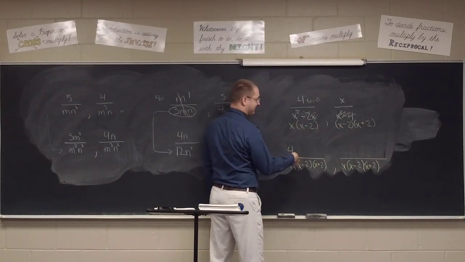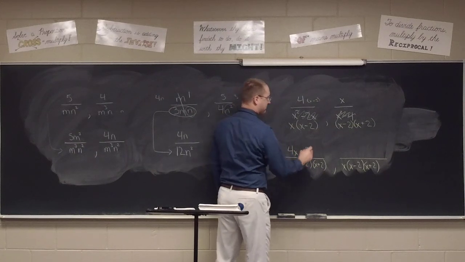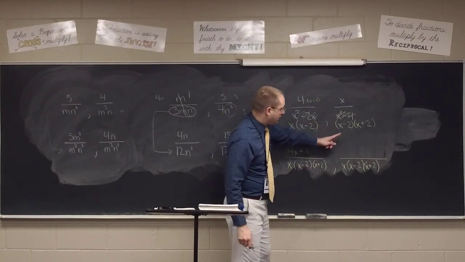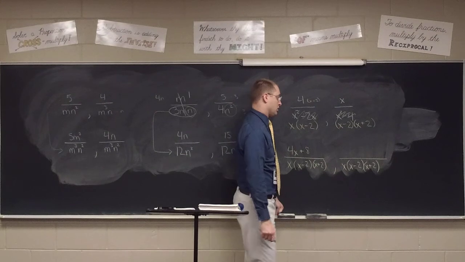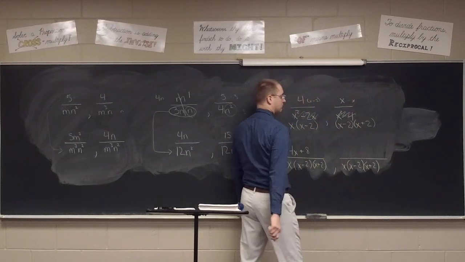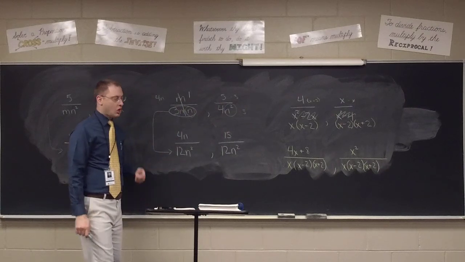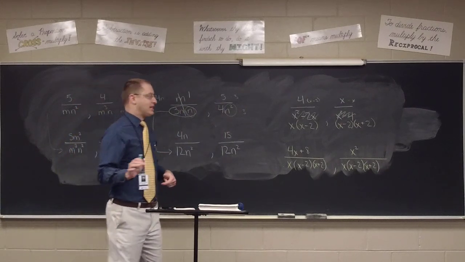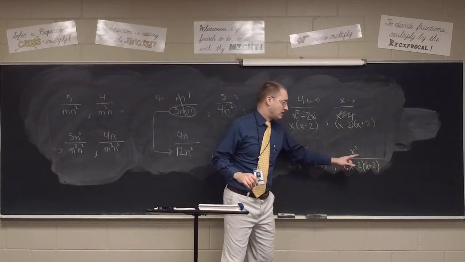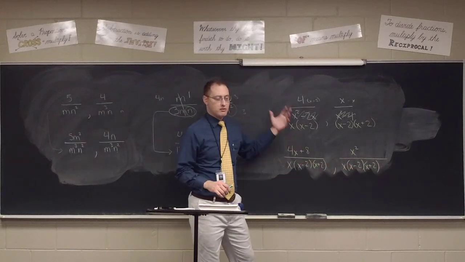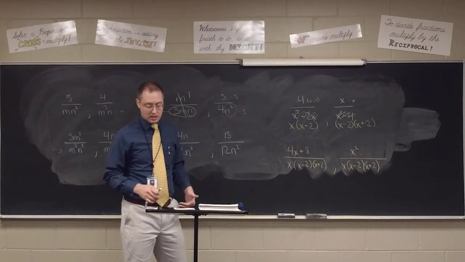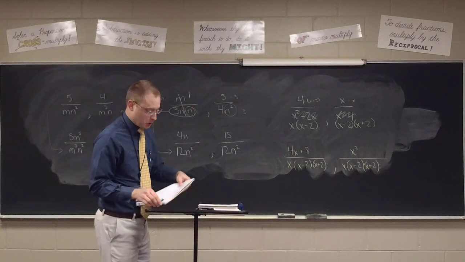Or better yet, 4x plus 8. 4x plus 8. What changed from here to here? Just the x. So, x squared. Are you starting to get a feel for this? It's kind of like what we did yesterday, except you're coming up with your common denominator. But again, the common denominator is simply all your winners.